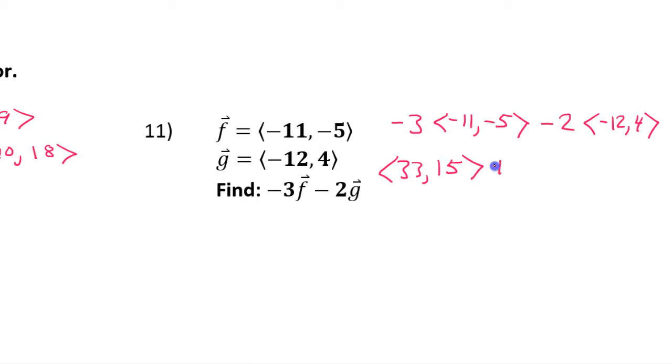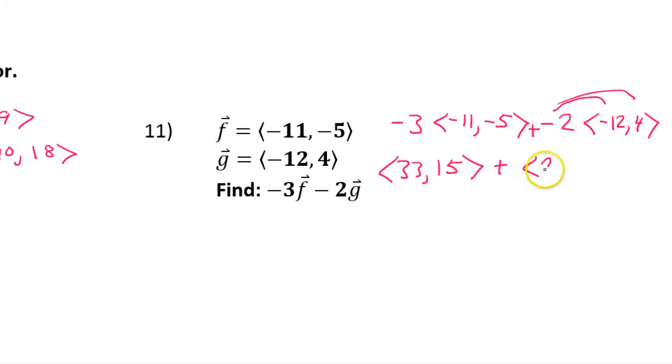Now, when I multiply the second one, please understand that I'm going to multiply by negative 2. I'm not multiplying by positive 2, I'm including the negative sign. And then whatever I get, I'm going to go ahead and add. So it's like I'm adding the rest of this.